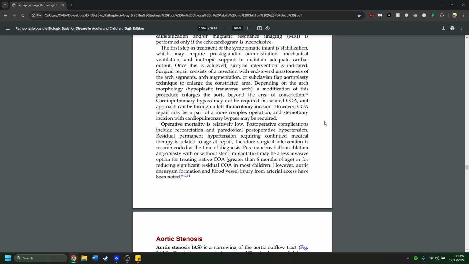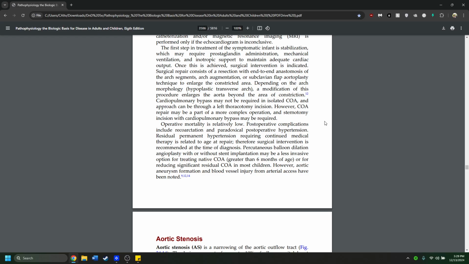Operative mortality is relatively low. Post-op complications include a recoarctation and paradoxical postoperative hypertension. Residual permanent hypertension requiring continued medical therapy is related to the age at repair.